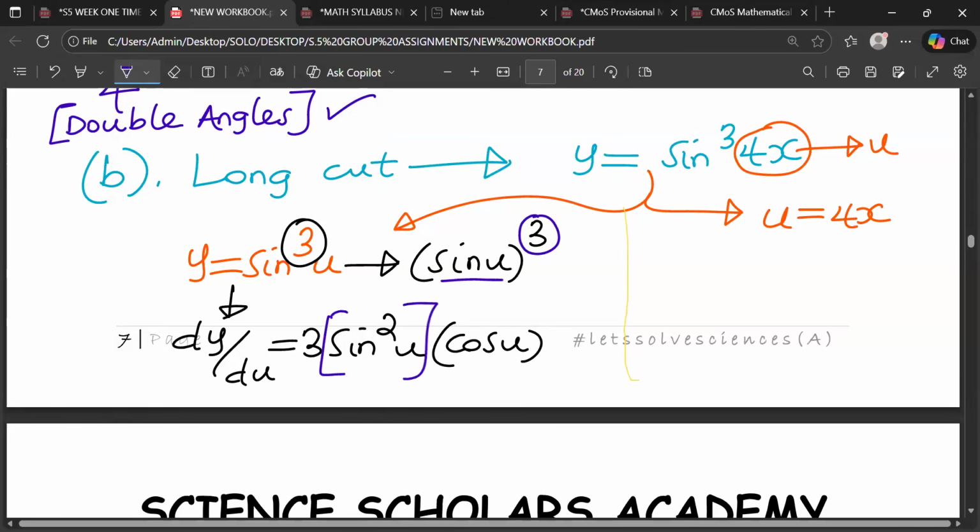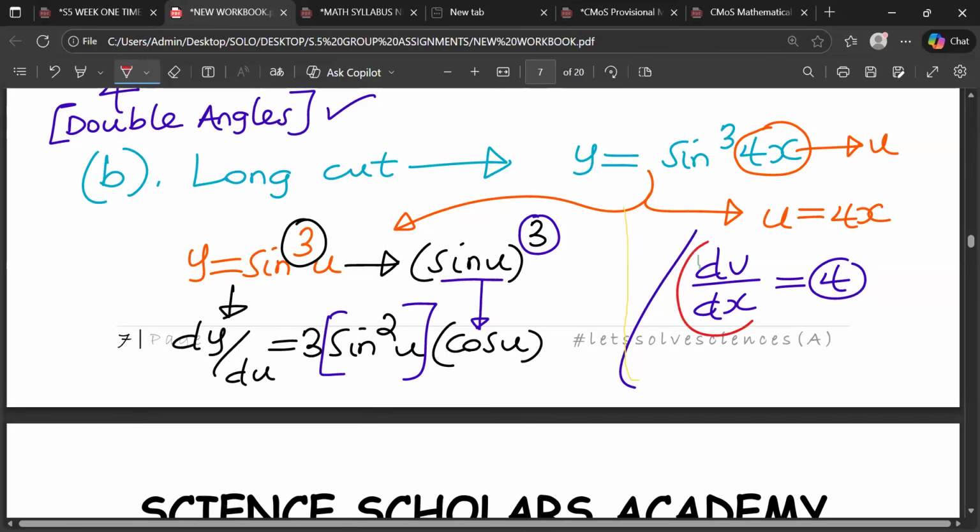Then you differentiate what is inside the bracket and get cos u. Then this side, u is 4x. So du dx is a 4. To get dy dx, simple. Get du dx, multiply it by dy du. Then make sure you replace this u. Because the rule is simple, we use it and dump it, period. So I will not go into details of the long cut.